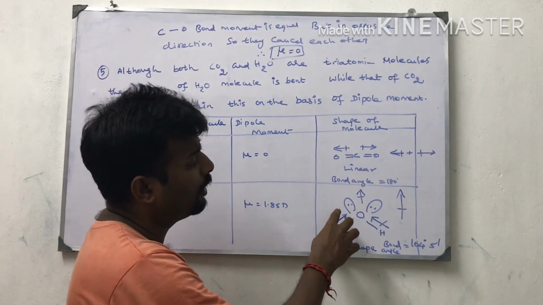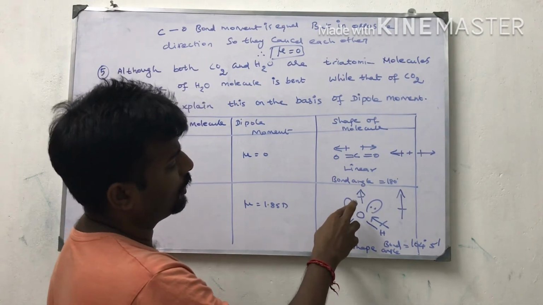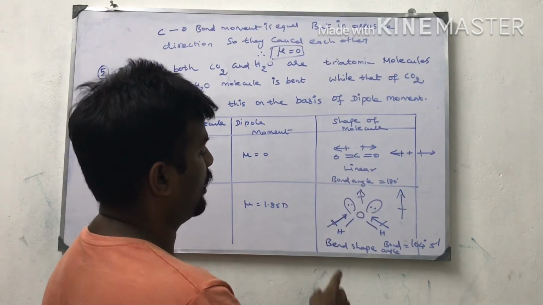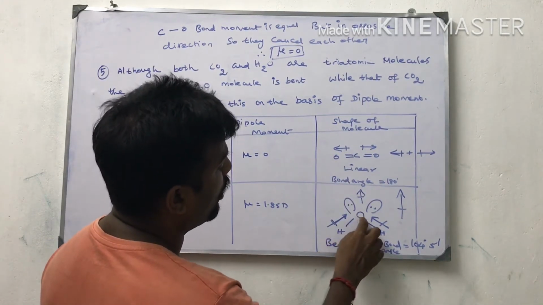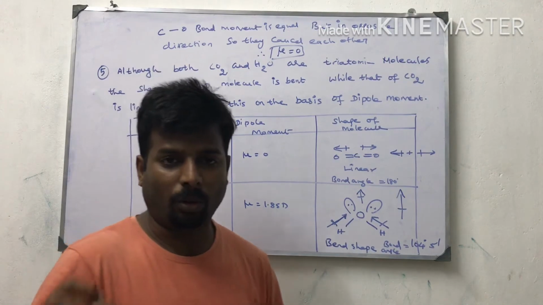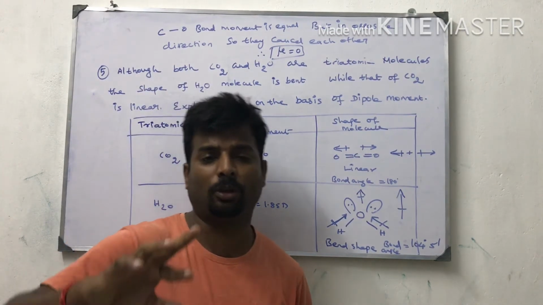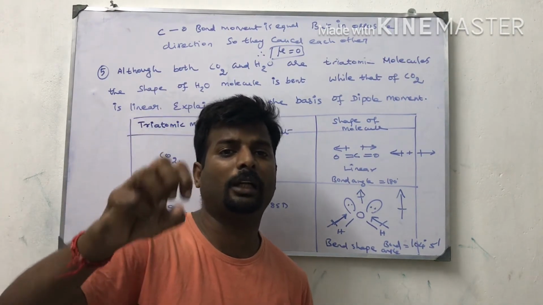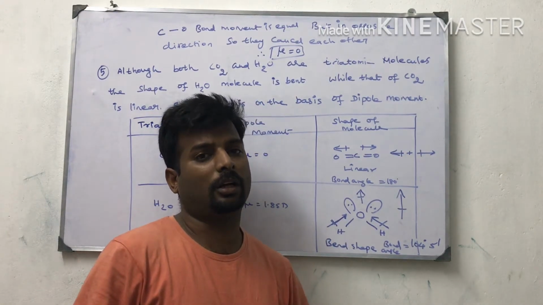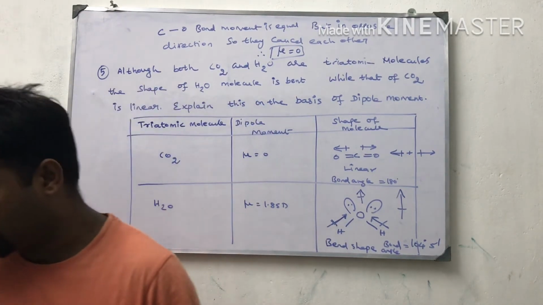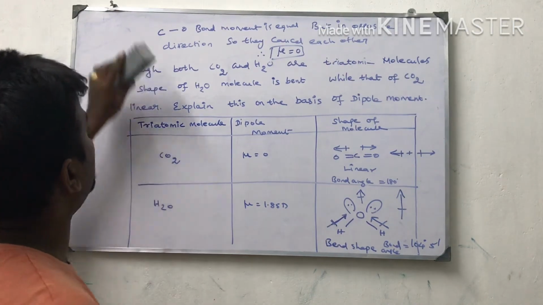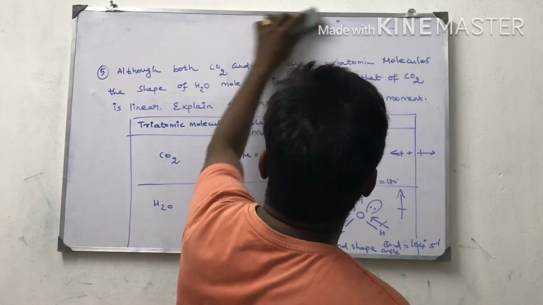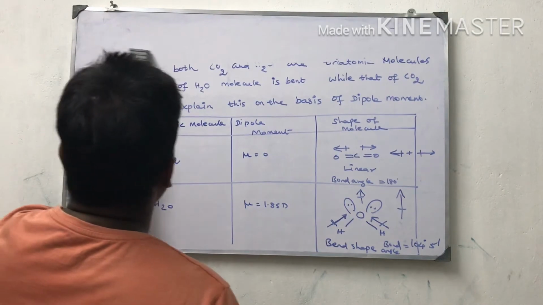The orbital dipole is due to the lone pair effect, and the resultant dipole is due to the bond pair effect. The total net dipole moment is the sum of the orbital dipole moment and the resultant dipole moment. That gives 1.85 D. That is what I have explained here.